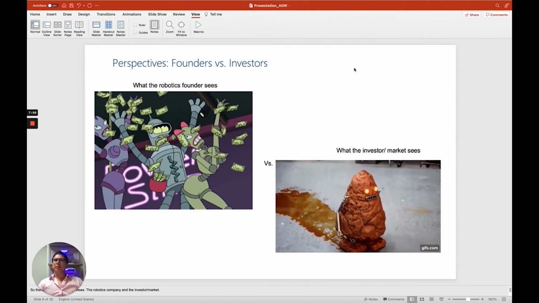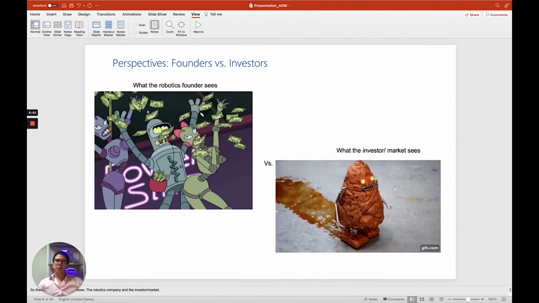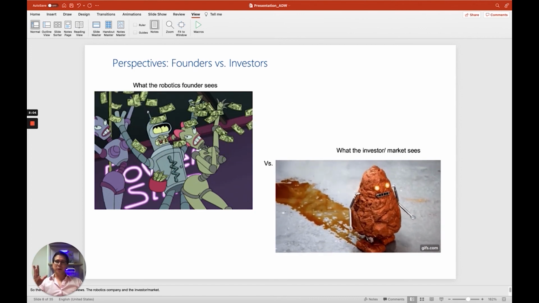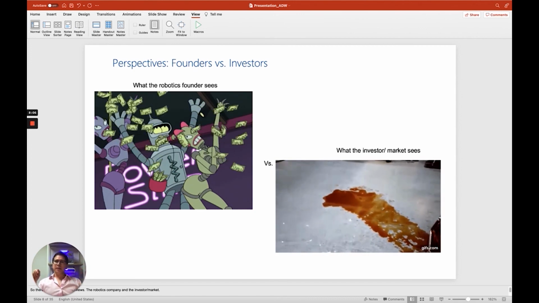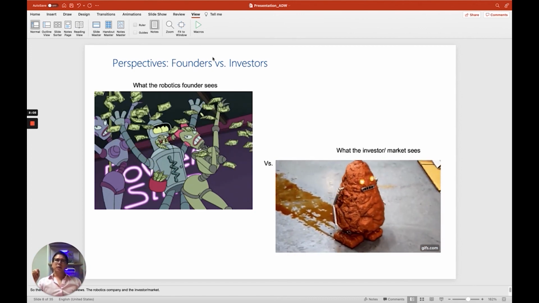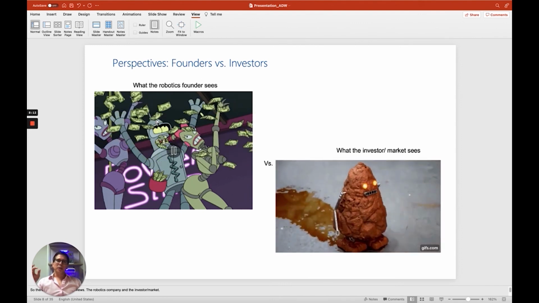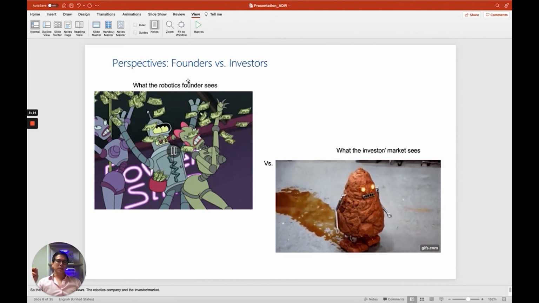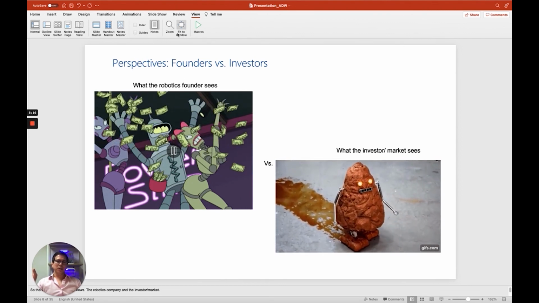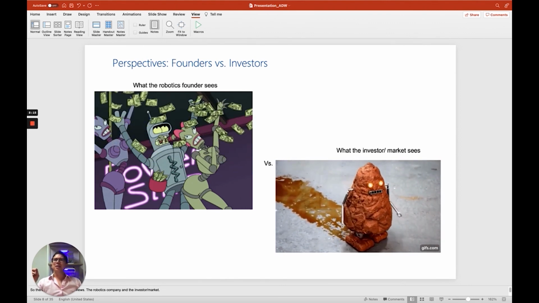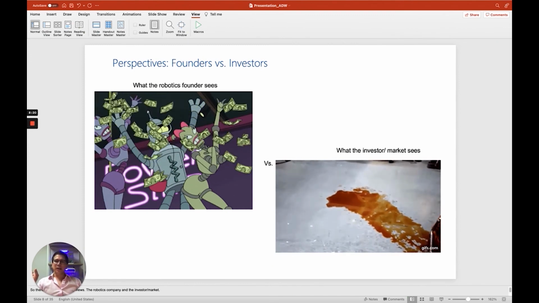So really, when we look at the perspectives between the founder and the investor, what the founder sees is here on the upper left, and what the investor or market sees of some robotics companies is on the lower right. Design is not an afterthought.